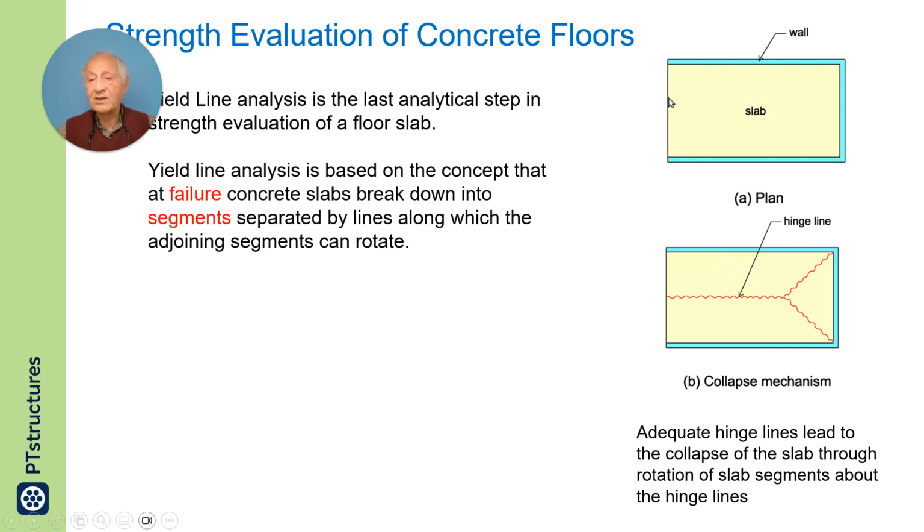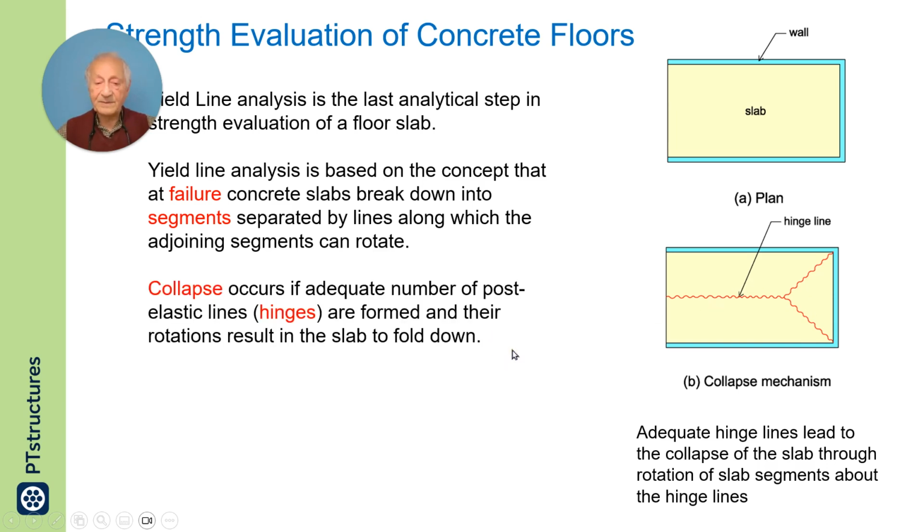In this case, for the configuration shown on the top right, the breakdown of the slab into segments shown below will result in each of these segments rotating. This rotates about the support line there, and this triangle rotates about here, so the slab can collapse.